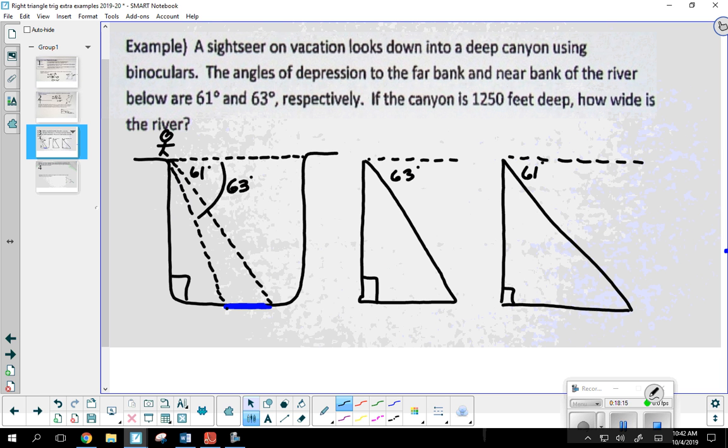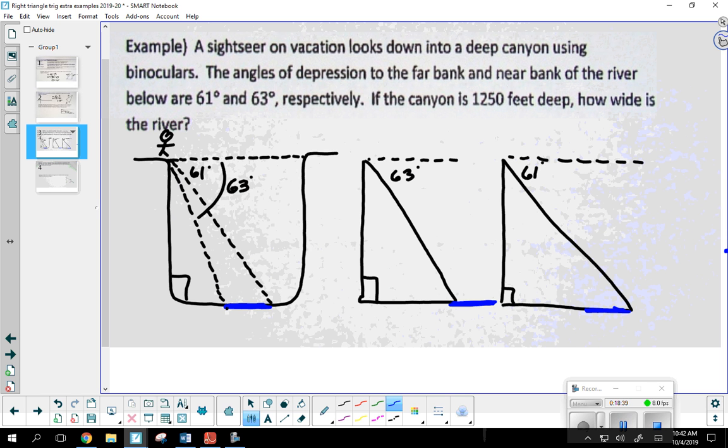All right. Now, which one of these would actually include the width of the river? The first one or the second one? The second one. Okay. So if you're not sure what my diagram is showing, the river would be right here, and the river would be outside of that triangle right there. Remember, if you put one right on top of the other. Is that making more sense?